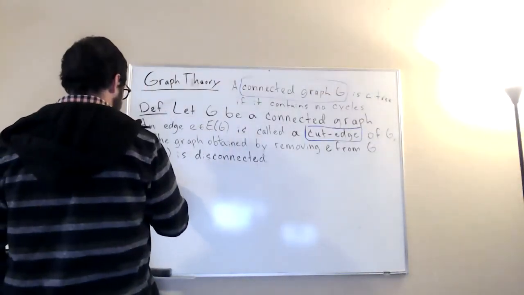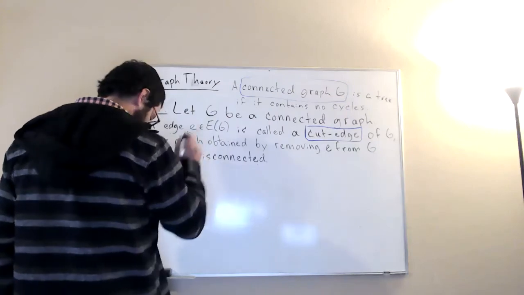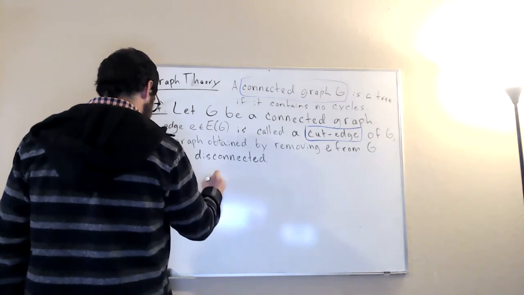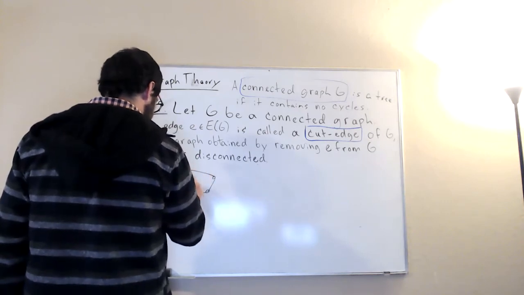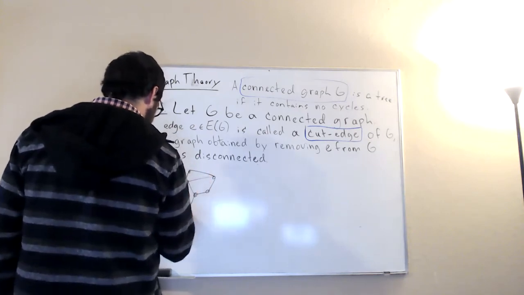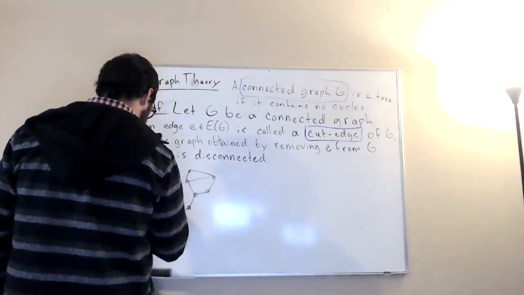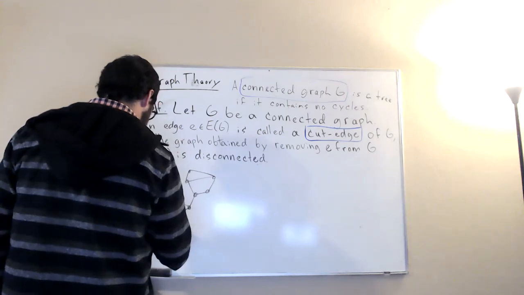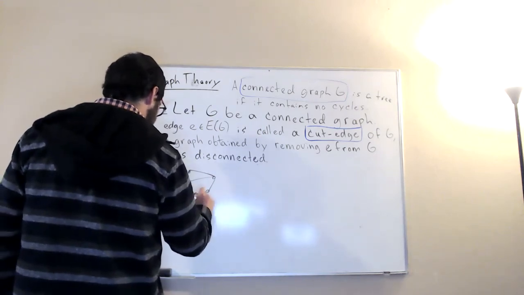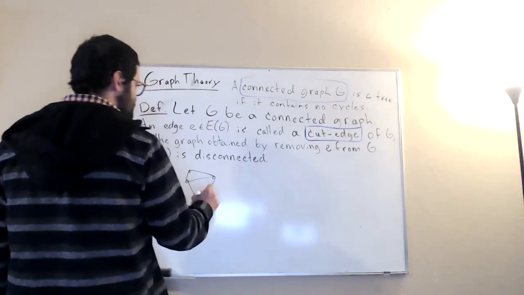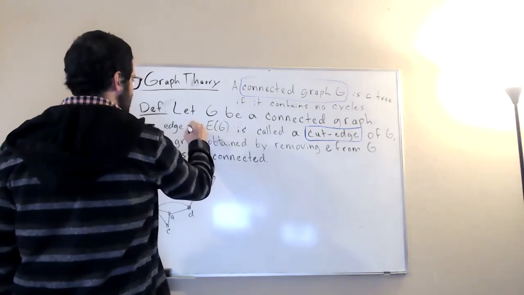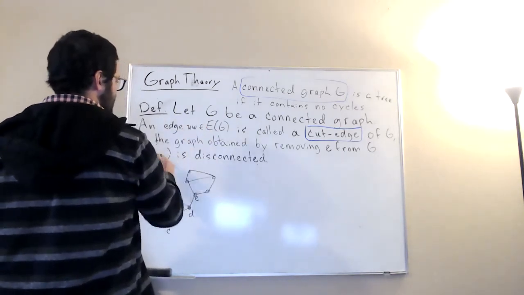So A, B, C, D. Instead of saying E up here, I'm just going to say UW, because every edge is a pair of vertices.